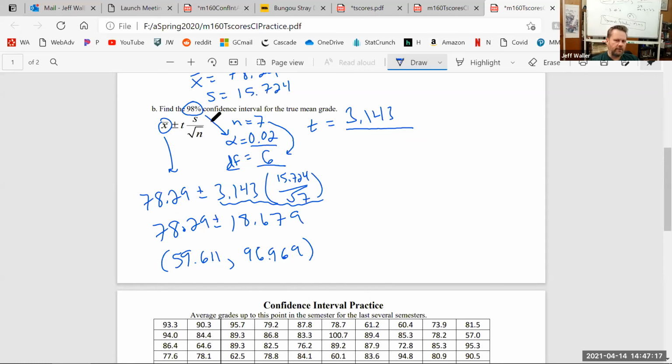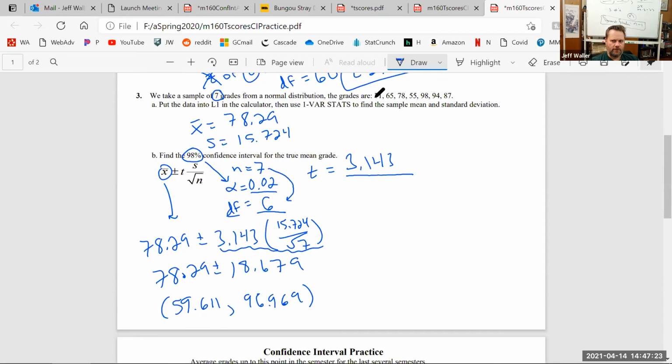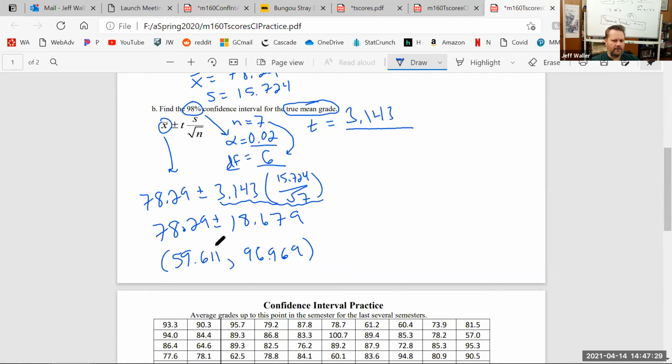What is this confidence interval trying to capture? A bunch of grades. It's trying to capture the true mean grade. So this is saying that we're 98% confident that the interval 59.6 to 96 point, basically 60 to 97, contains the true mean grade.